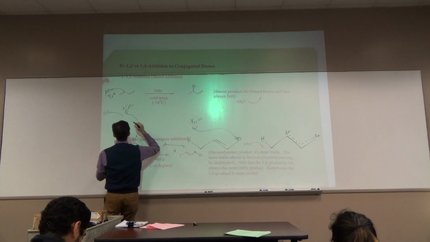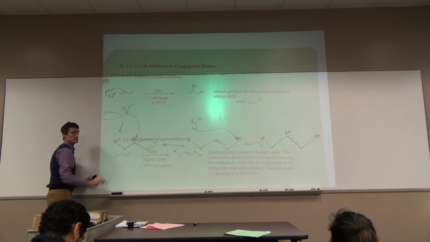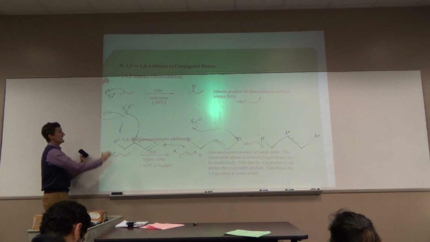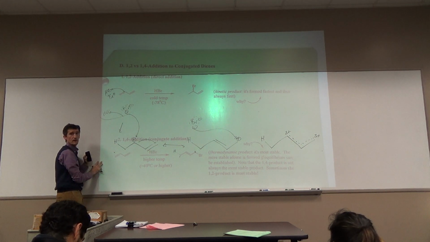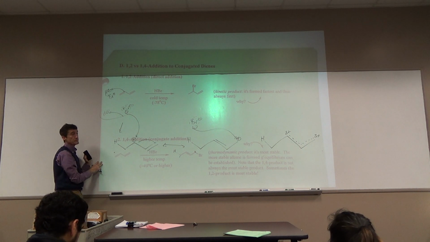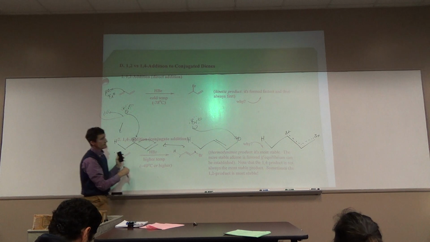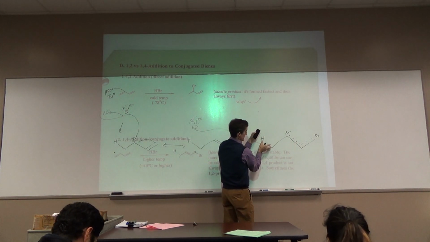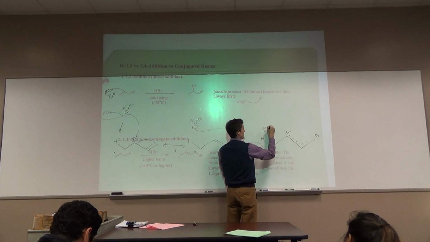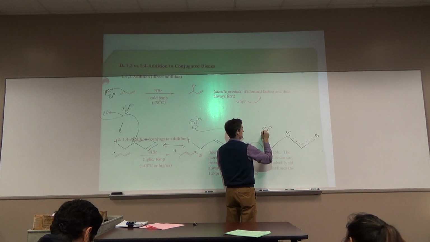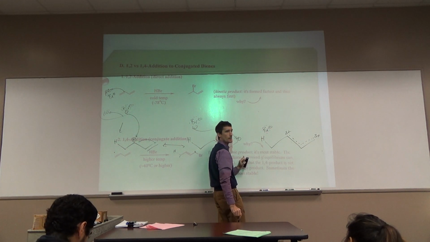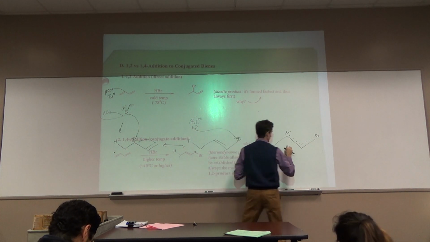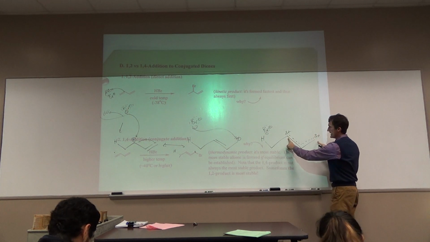The Br minus is next to the H plus. Even though they're ionized, they're still attracted to each other. And so if the H plus is over here, Br minus is going to be over here. Now it attacks. And it can attack either cation.